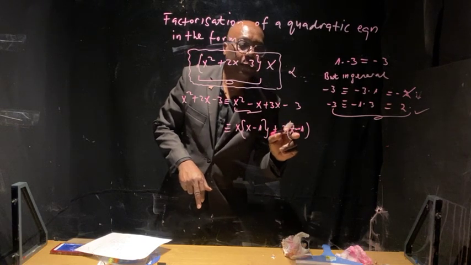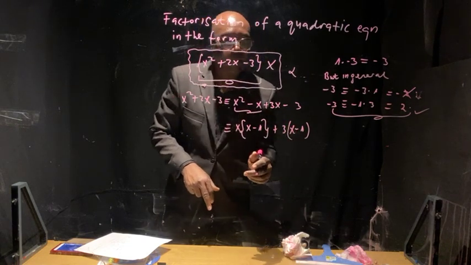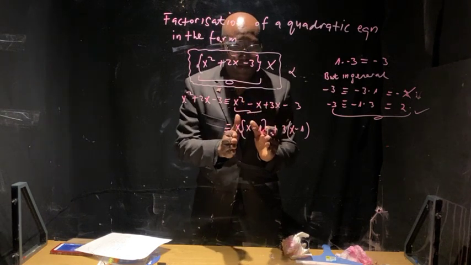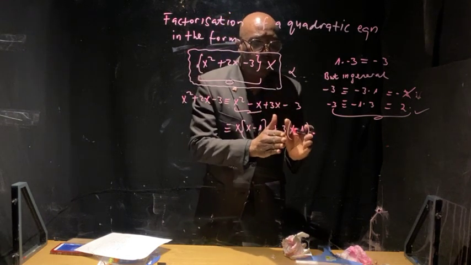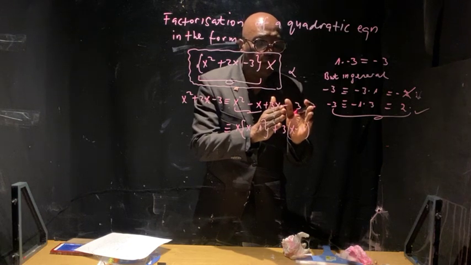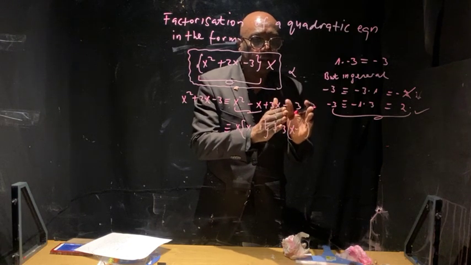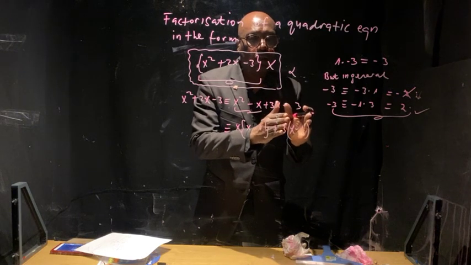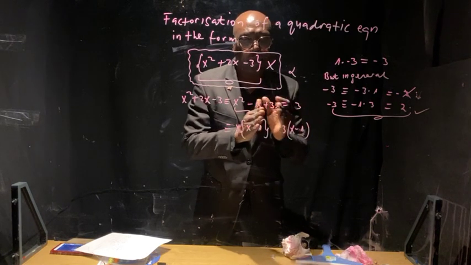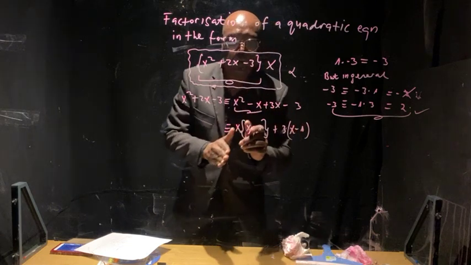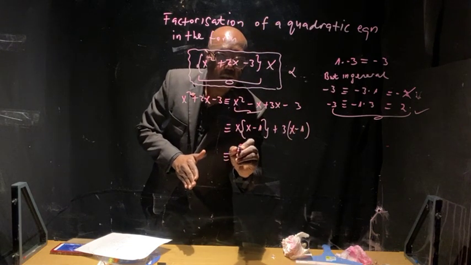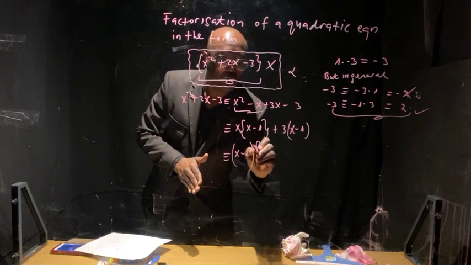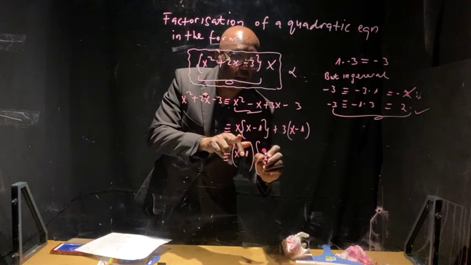Then you can see that this side and this side have a common factor, and that factor is x minus 1. So because the factor x minus 1 is common here and here, we will factorize it out. So it becomes x minus 1 being factorized out. Then we are left with x plus 3.